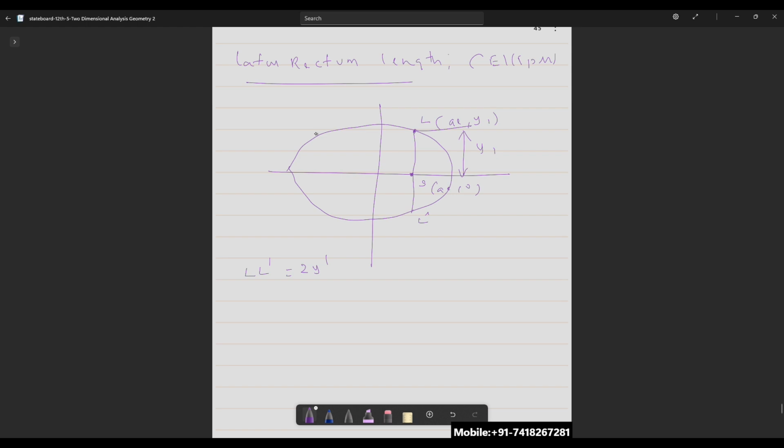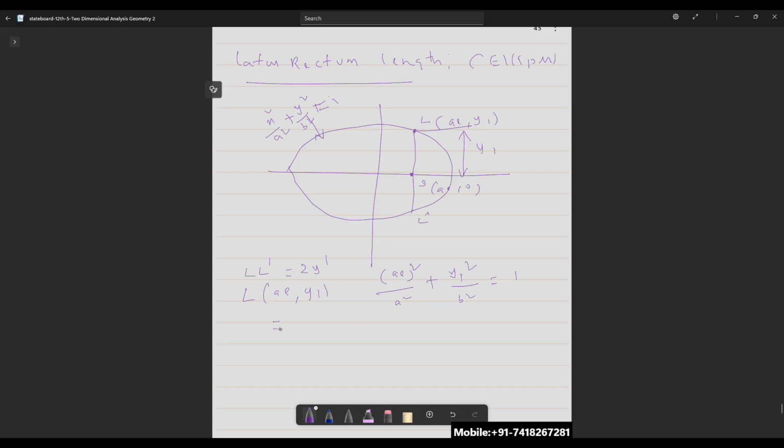This is a point on the ellipse x square by a square plus y square by b square equal to 1, so we can substitute this point into the ellipse. With x as AE and y as y1, the equation becomes a square e square divided by a square plus y1 square divided by b square equal to 1.